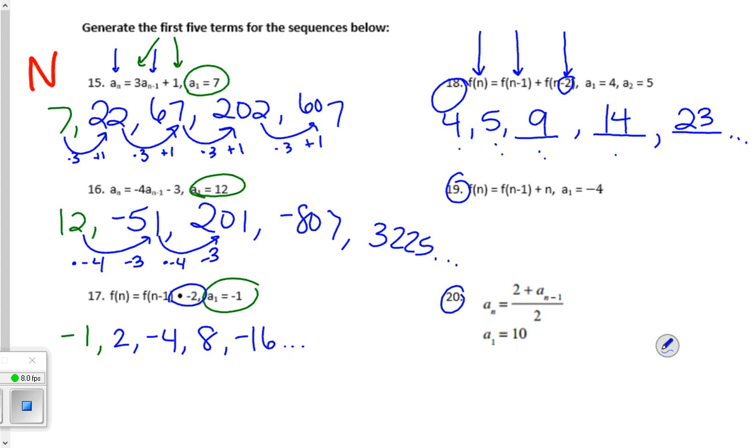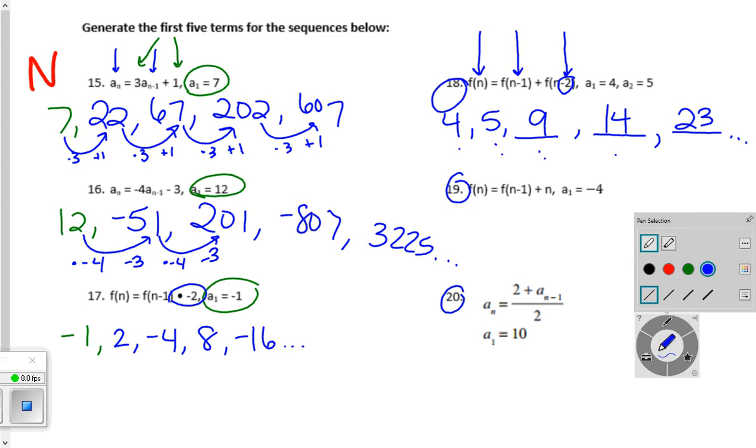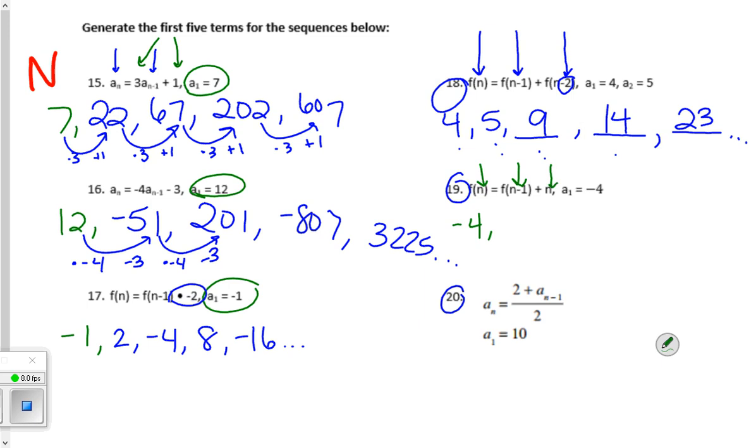So number 19, I'll switch colors since I'm getting a little into this other territory. They give us -4 as the first number, and then they say that to get the next number, you take the previous one and add n. Well, that's kind of different. I'm looking for, right now, a sub 2. That means my n is 2. So I need to take this previous number and add 2.